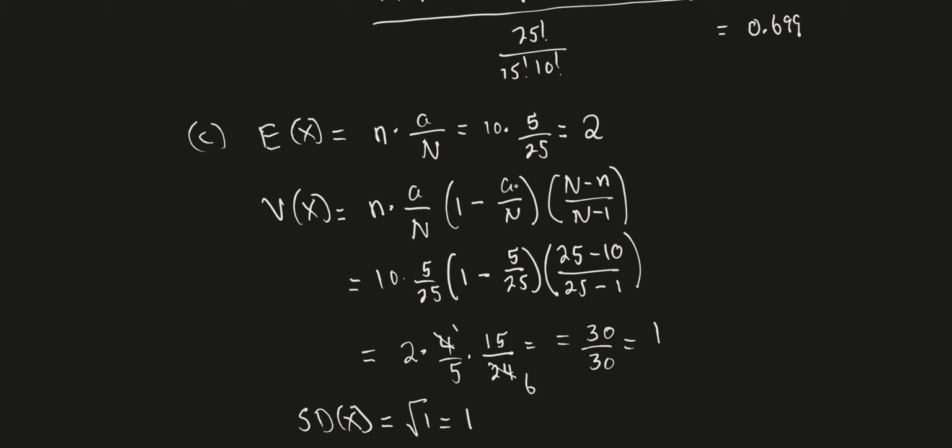So it's focusing on the different aspects of the different experiments, and what really sets the hypergeometric apart from the previous 3 is that now your trials are not independent, because the sampling is being done without replacement, and therefore the sample space changes every time you pull. Whether you pull a success or a failure, it changes your sample space.